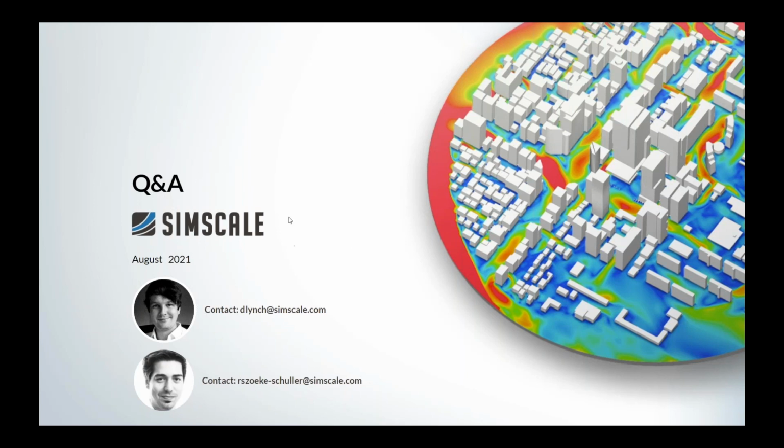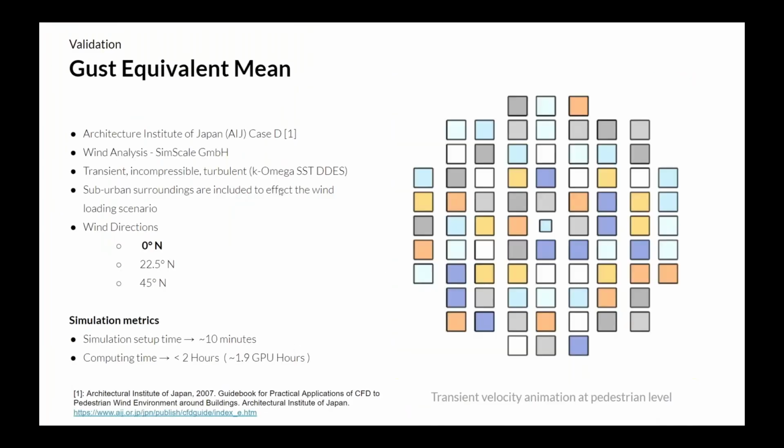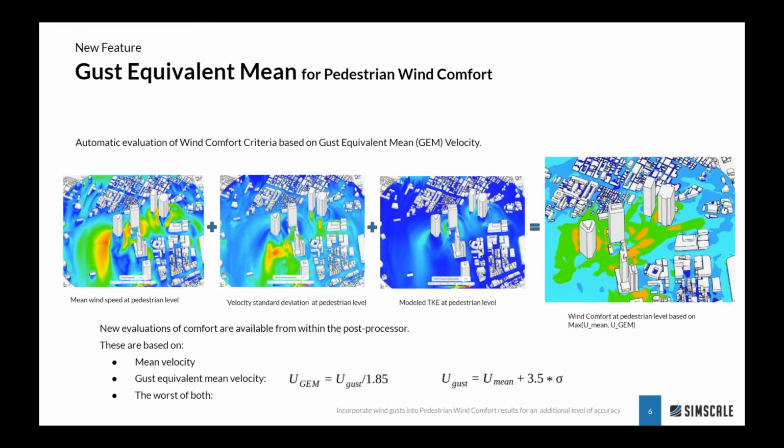Maybe one question that I also take up. The question was, it's hard to understand how we go from the first 3 images to the 4th image on the slide that we had on the Gust Equivalent Mean. Yeah, so the problem is that the first 3 slides show the wind results for one particular wind direction. I think it's north in this case, so from the top, right?